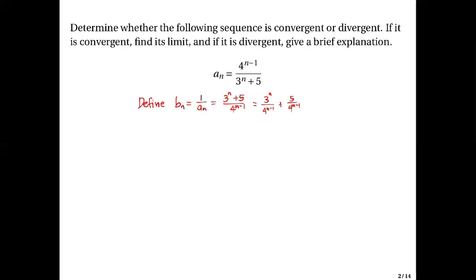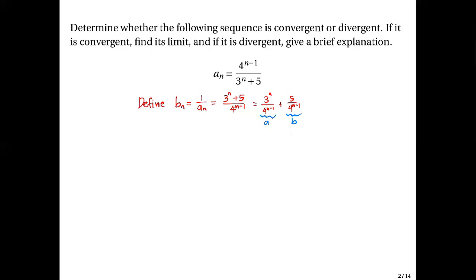So what we're going to do is to find the limit of this Bn. And once we know the limit of Bn as n approaches infinity, we will be able to find the limit of 1 over an, and therefore we will get the limit of a sub n. Now let's label this as our a, and then this guy here as our b. Let me use other letters since I have been using an and bn already.